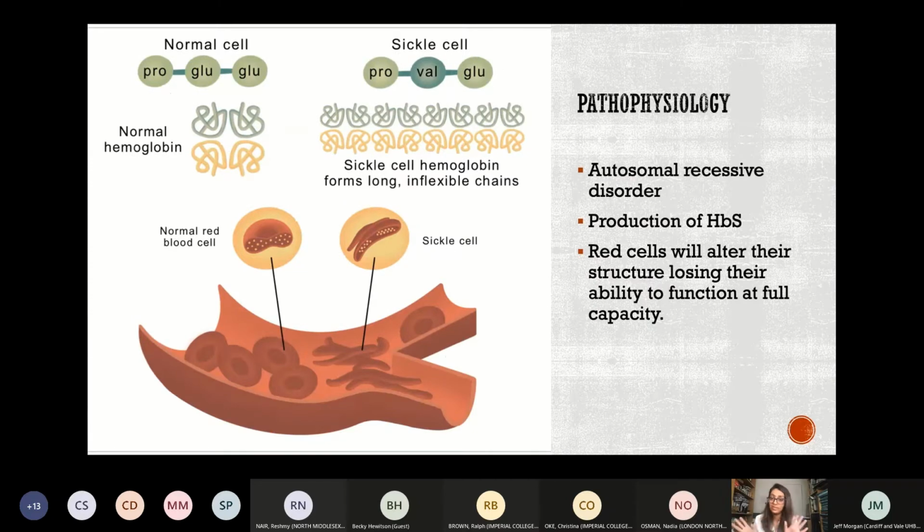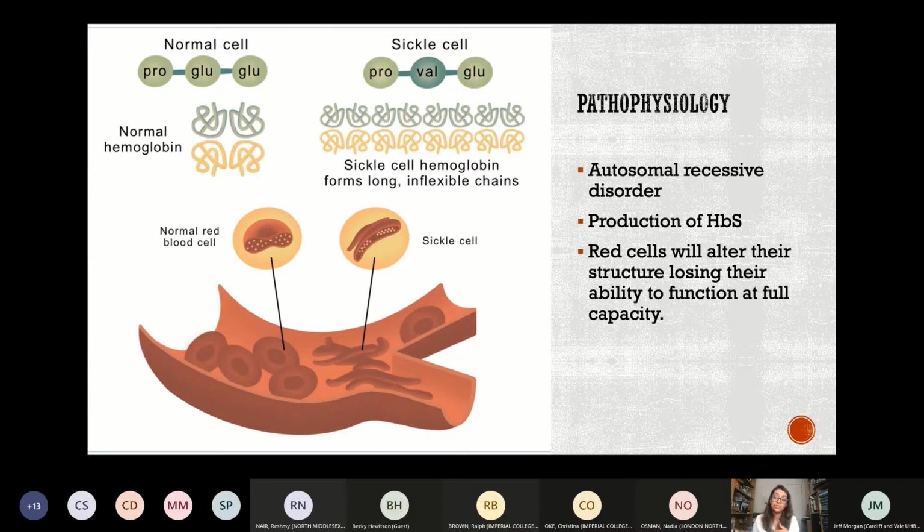Now, a really brief slide looking at pathophysiology. Sickle cell disease is an autosomal recessive disorder where there's a base pair point mutation, which substitutes glutamic acid into valine, and this produces hemoglobin S, known as sickle hemoglobin.